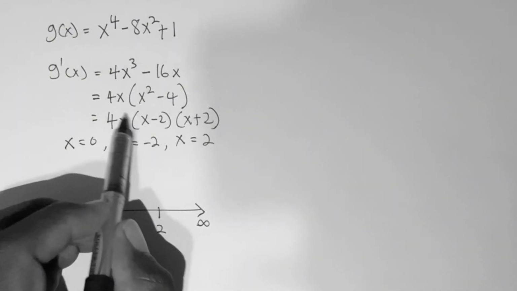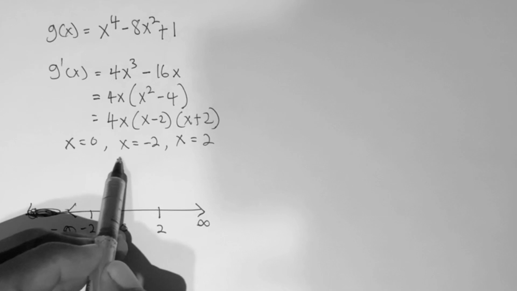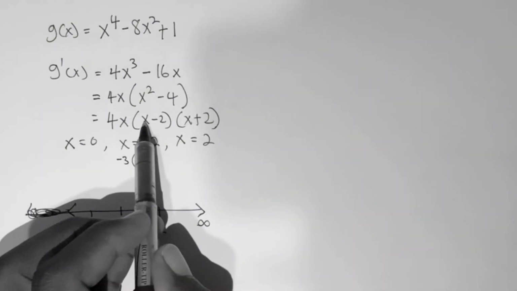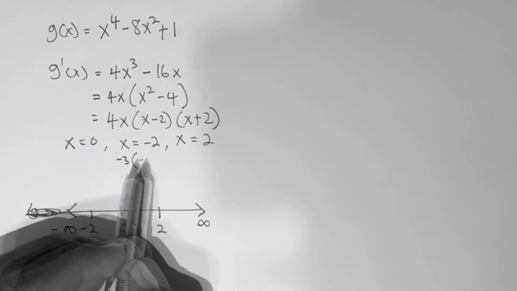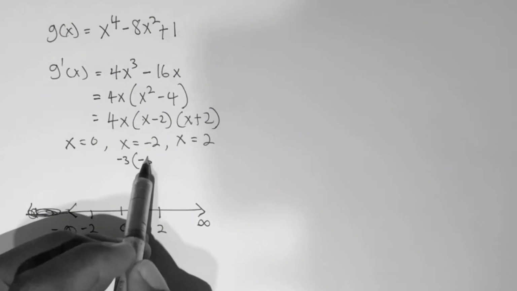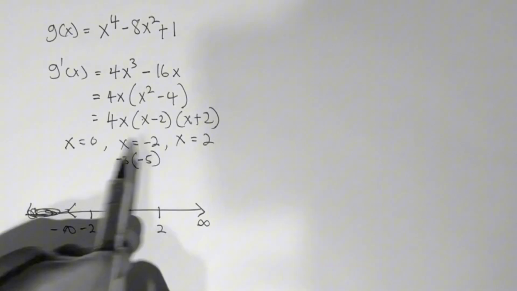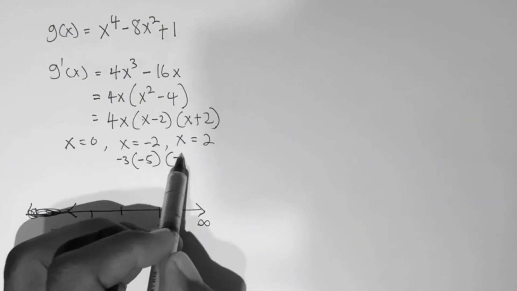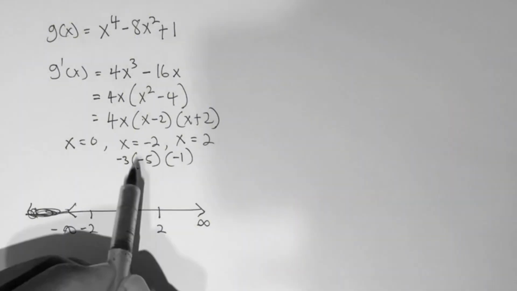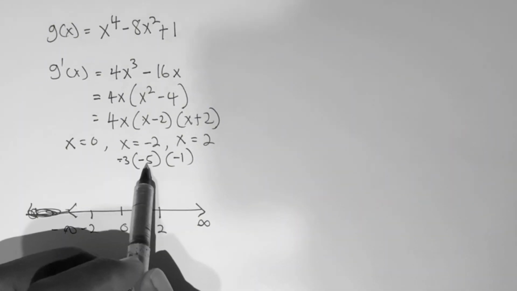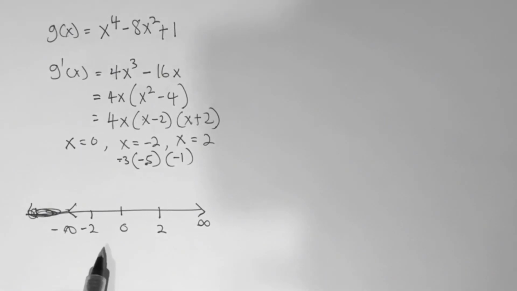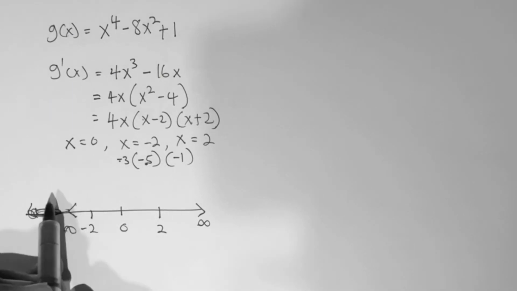If we put minus 3 here, then minus 3 minus 2 is minus 5. Then minus 3 plus 2 is minus 1. So you can see that minus times minus is positive. Positive times negative is a negative value.